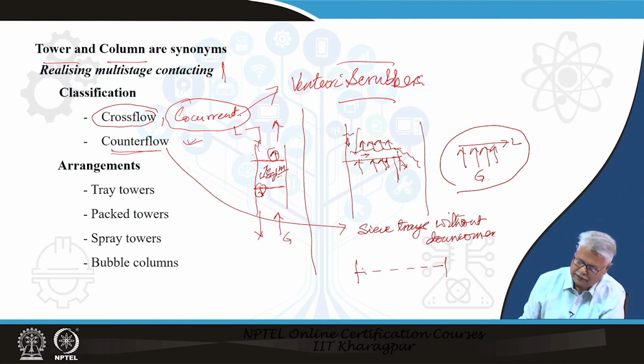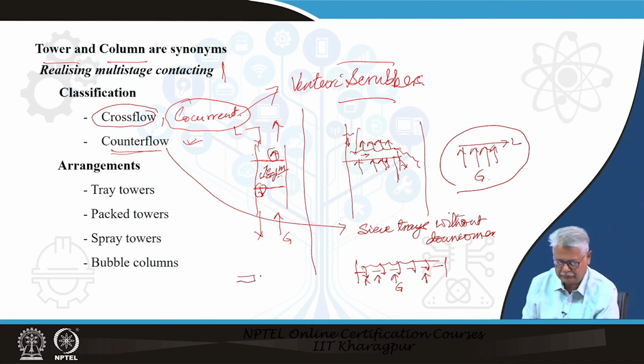You have a hole here, and a little bit of liquid showers down through these holes, and through the same hole you have a counterflowing gas or vapor. So, basically you have a hole through which you have the gas going up as well as the liquid falling.